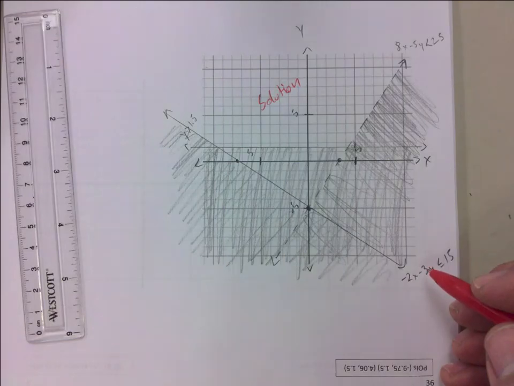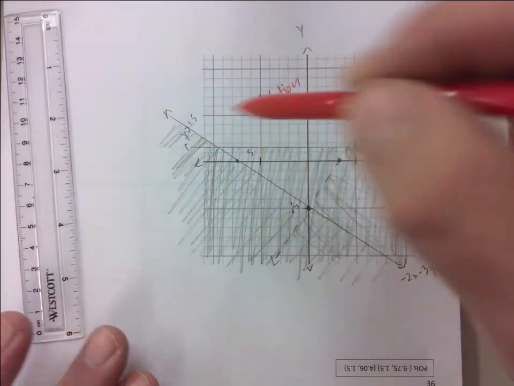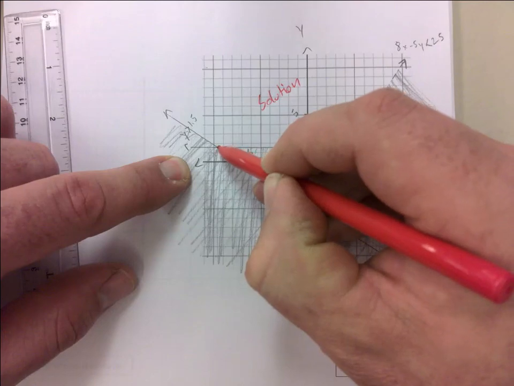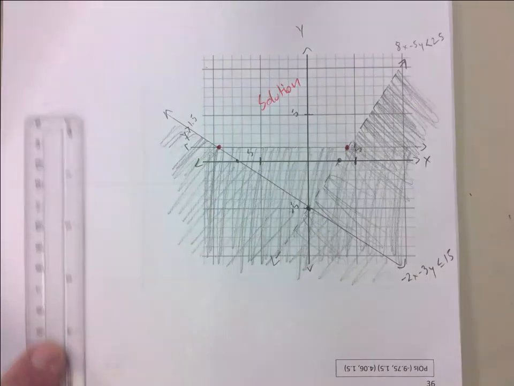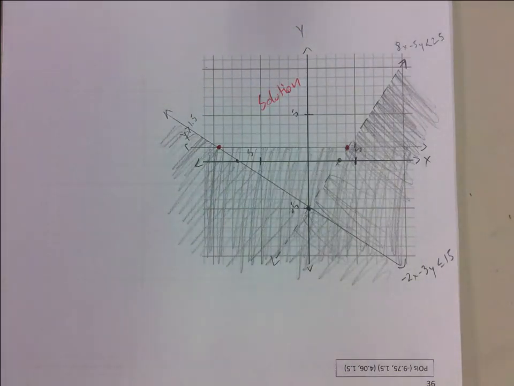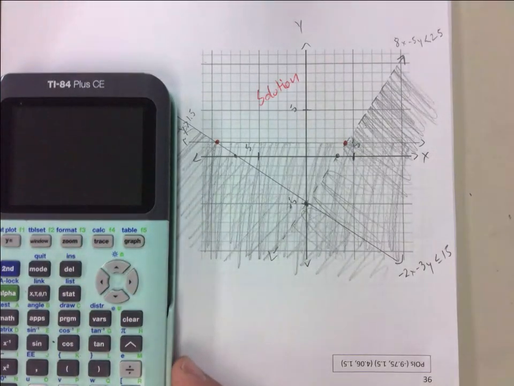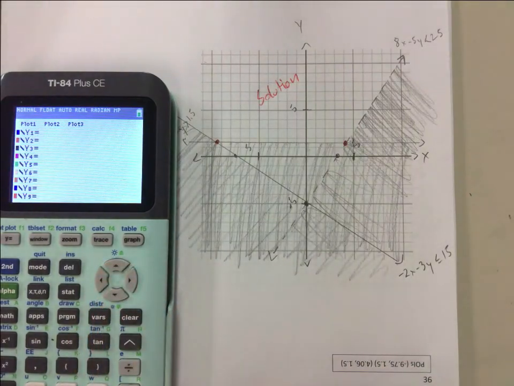But wait, there's more. How many corner points are surrounding my solution region? It's where two boundary lines meet. There's one right there, and there's one right there. So before we go, I'm going to do this with you real quick. Okay?